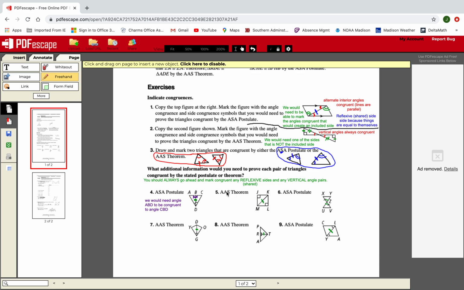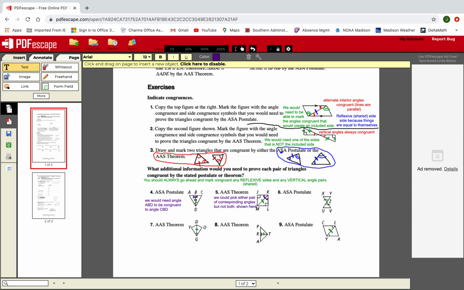For 5, if we're going to use the AAS, or angle angle side theorem, we already have a side and an angle. We would need another angle that makes this side not the included side. So we could really pick either one here. Let's say JKM, and then let's say LKM. We could pick either pair of corresponding angles, but not both.